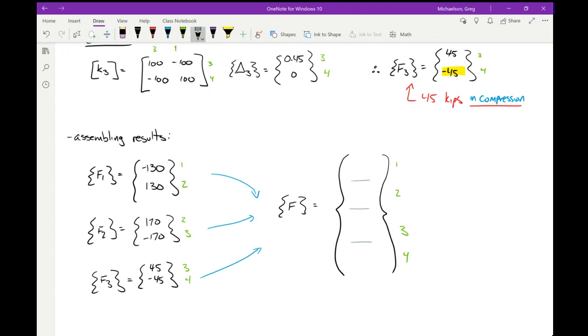So somebody help me out with the 1. What's the 1 going to be? The F1. Like, what is that term going to be? Negative 130. All right. What about 2? 300. What about 3?